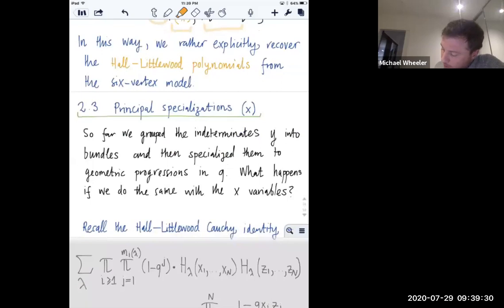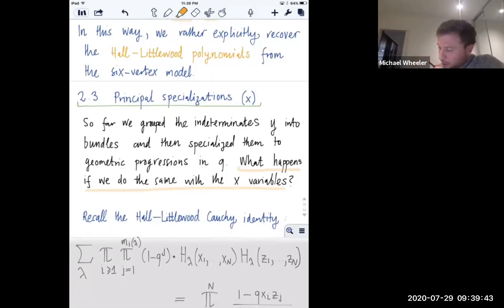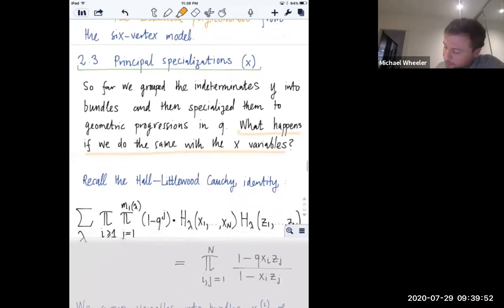That's exactly what's written here. We're going to perform a similar procedure with the x variables, which are the horizontal parameters that we have. Computationally, we're going to do everything in terms of the Cauchy identities and see what happens.